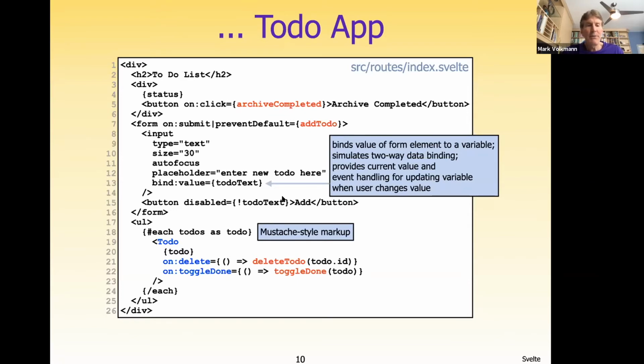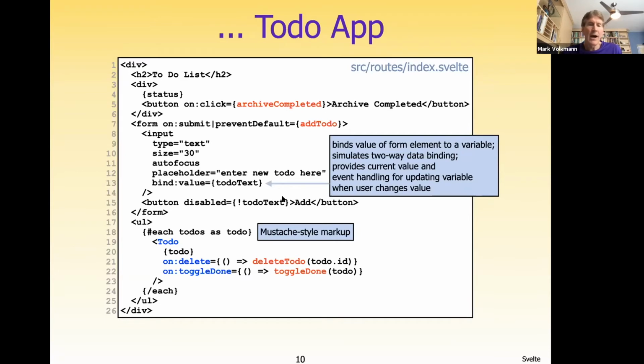Then I'm setting up some event handling. So remember those calls to dispatch that we saw back in the to-do component. If I dispatch a delete event, then line 21 is going to handle that. And I'm telling it what to do if I receive that event. Call the delete to do function and pass it the ID of the one to delete.